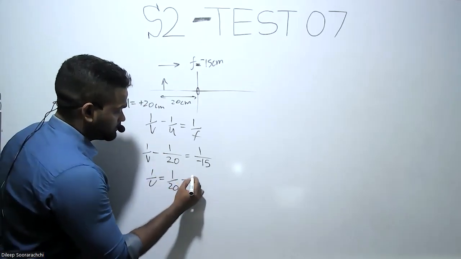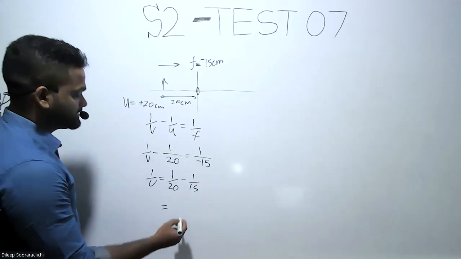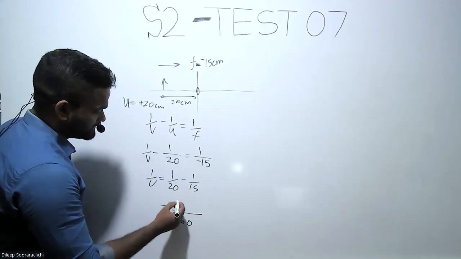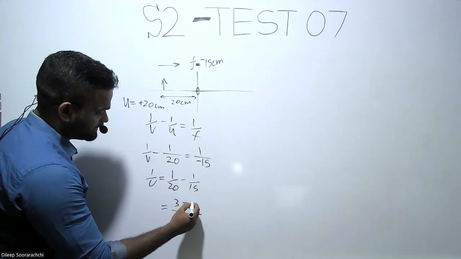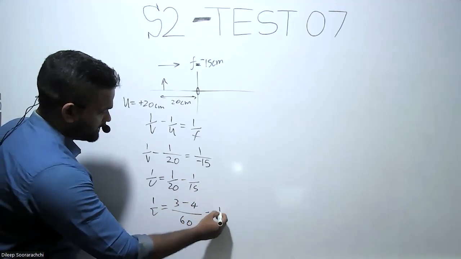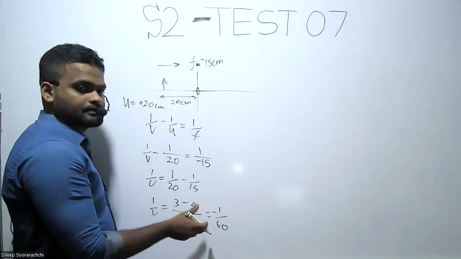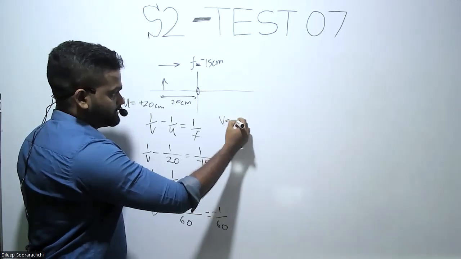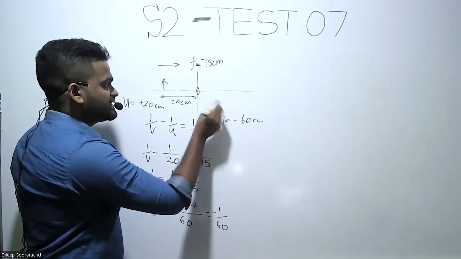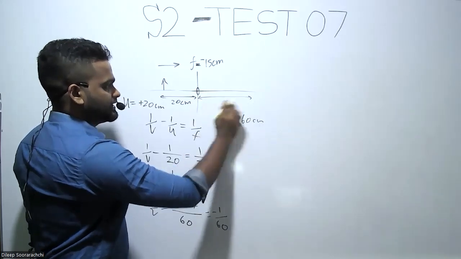1 over 20, 1 over 15. So the common denominator is 60. So 3 here minus 4 here. Minus 1 over 60. So just flip both sides of the equation. So v is equal to minus 60 centimeters. Minus means the image is here.